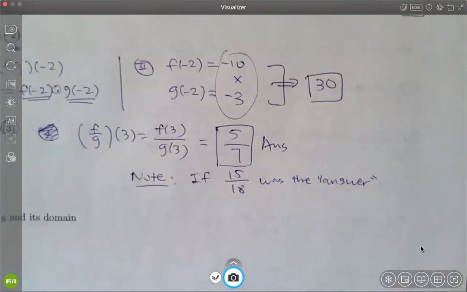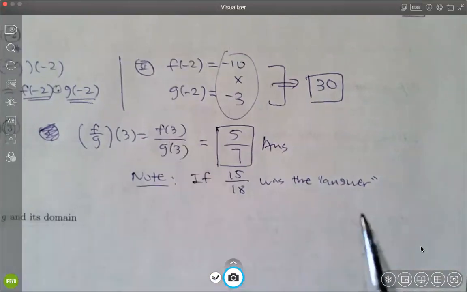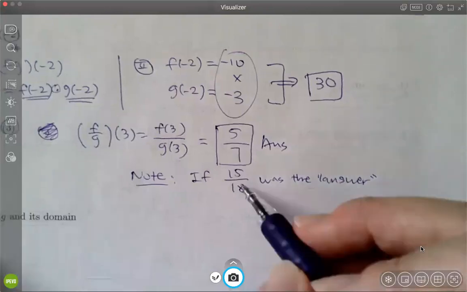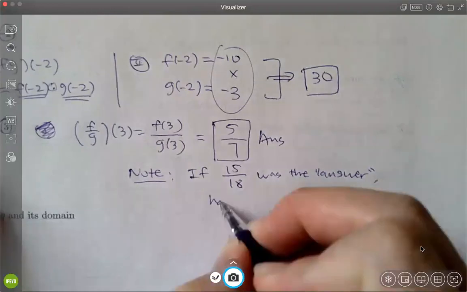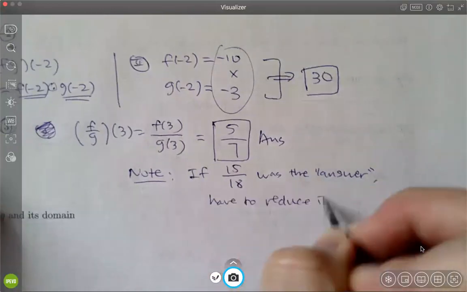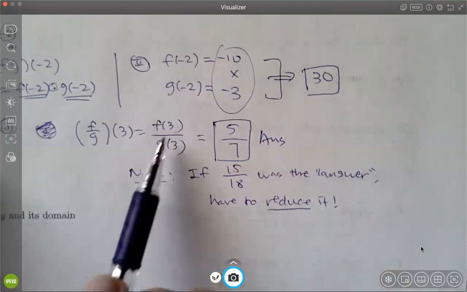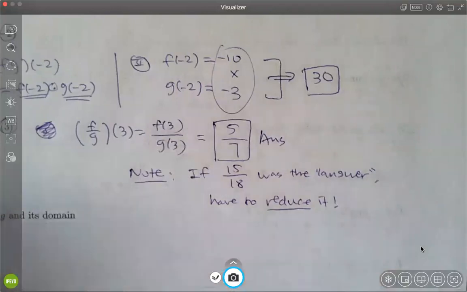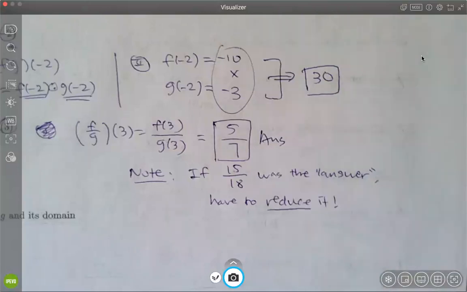When you plug in a number to F and G or G over F, whichever you are given, let's say you got 15 over 18 as the answer, then that's not the final answer, because you have to reduce it. So be careful. Whenever you plug in a number to F and G and then put them in a fraction, that may not be the final answer, because at the end you may have to reduce it. Here we can't reduce, so that was it, but that may not be the case all the time.